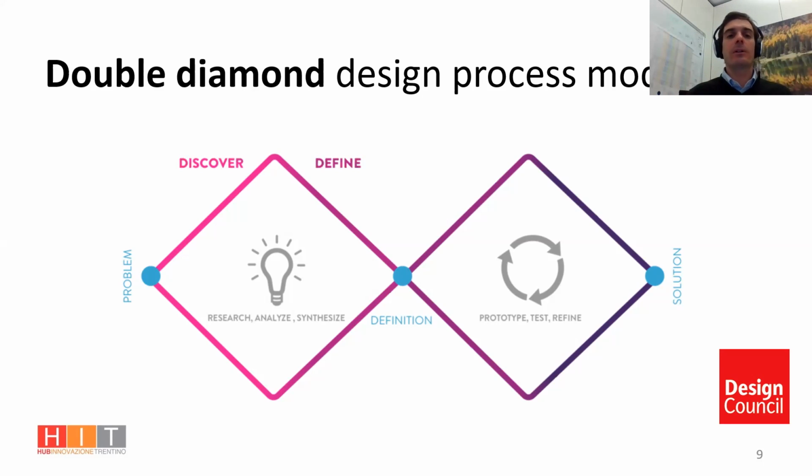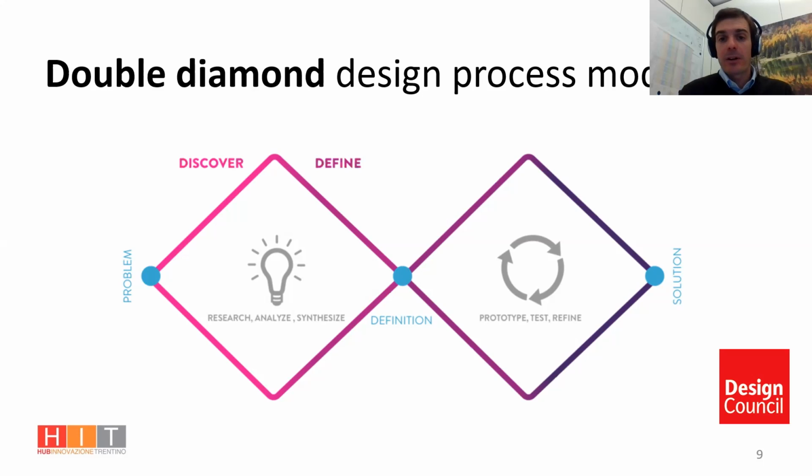what you do is start discovering the profile of this problem. You do research, basically. You analyze why that is a problem, and then you define it more clearly. You sort of converge to a problem definition, which is only halfway to the end of the process.